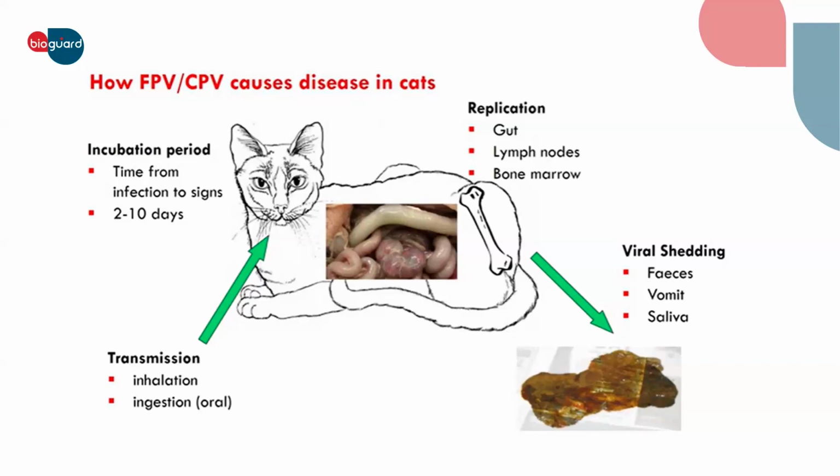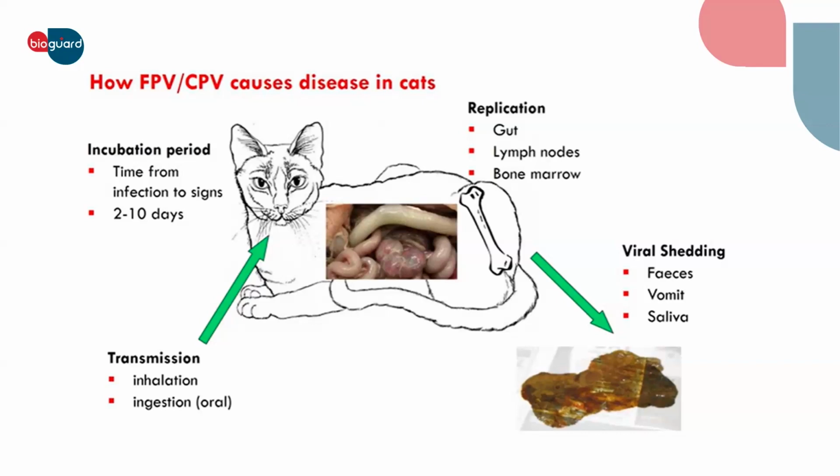Once it gets into the cat's body, it will replicate in the small intestine, lymph nodes, or bone marrow. Once infection occurs, the virus can be shed through the feces, vomit, saliva, or even urine.